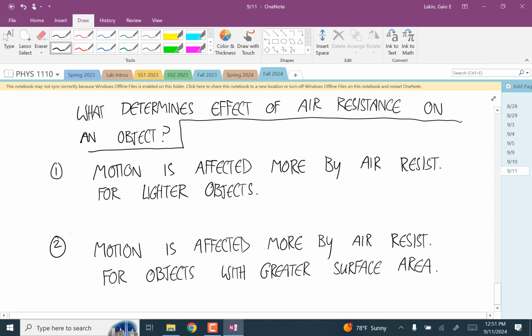There are some things that are designed specifically to increase air resistance. Maybe the best example is a parachute. The way a parachute slows you down when you fall is it has a really big surface area catching the wind. So if somebody jumps from some height and somebody with a parachute with the same weight and everything jumps from the same height, the extra surface area of that parachute is going to make that person accelerate less.